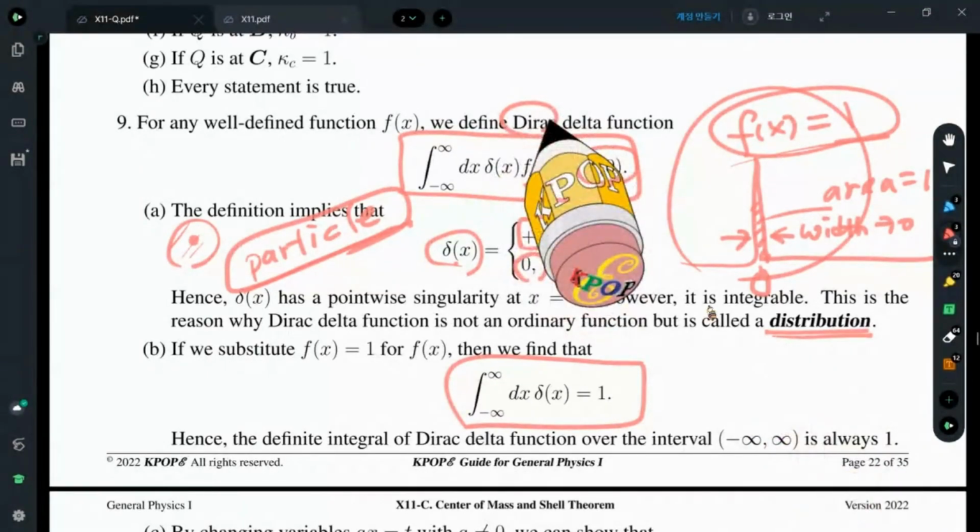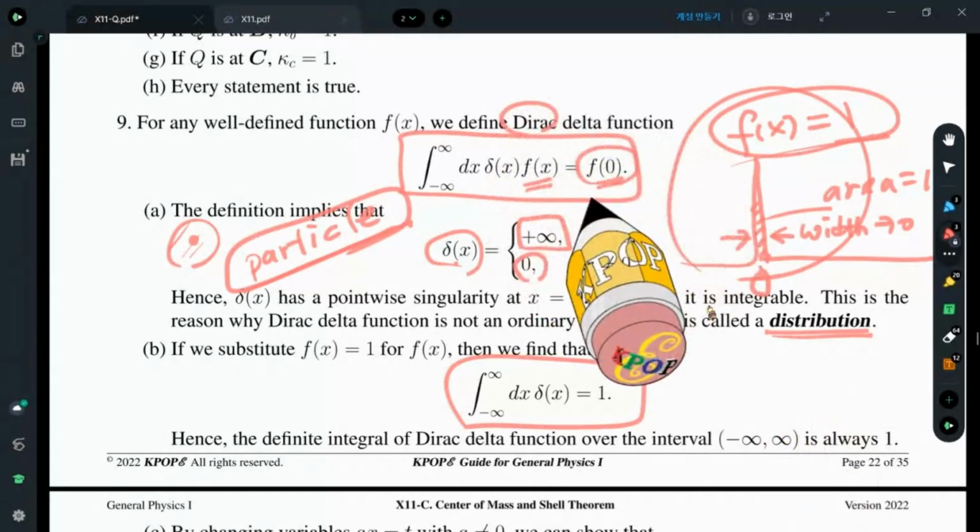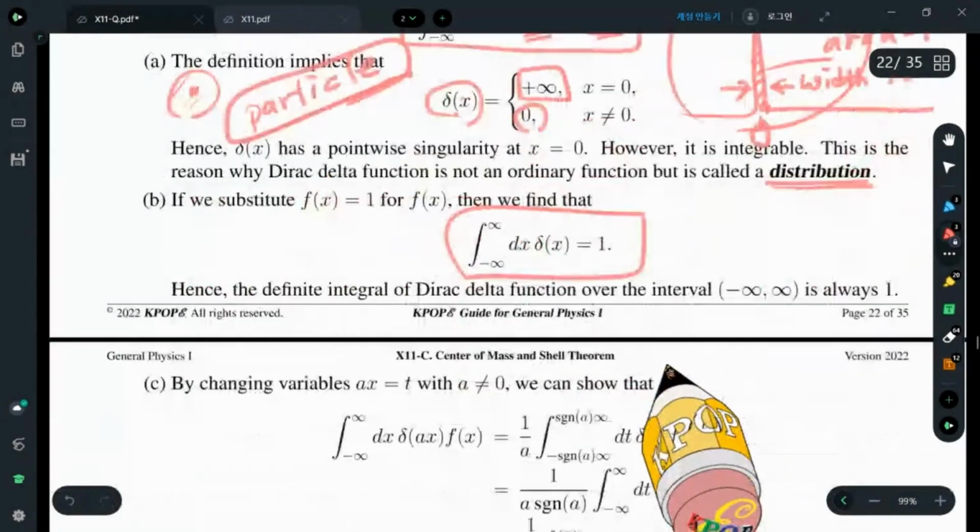He is a Nobel laureate, and when Dirac introduced this idea, mathematicians did not accept it. However, now it is well known, and many people, including mathematicians, use this concept frequently.